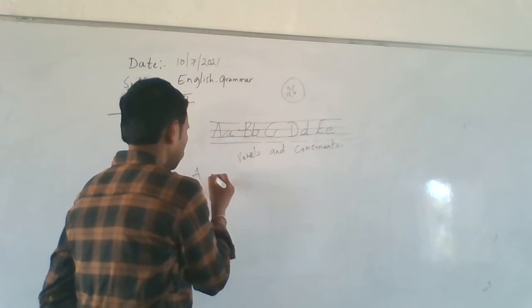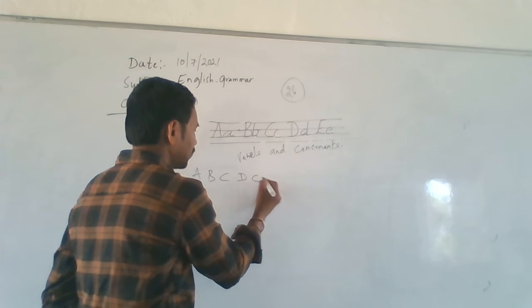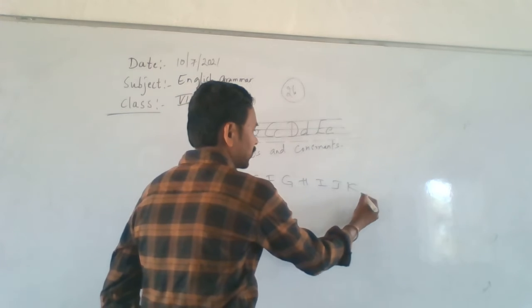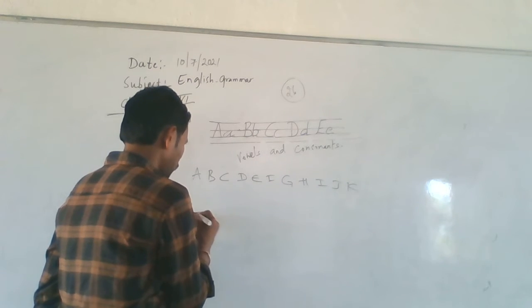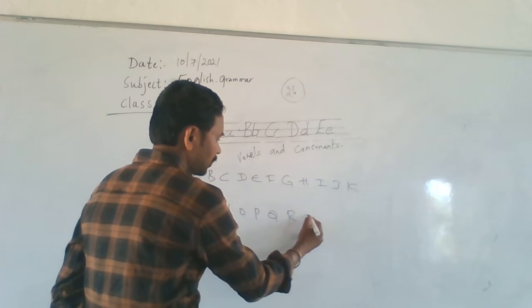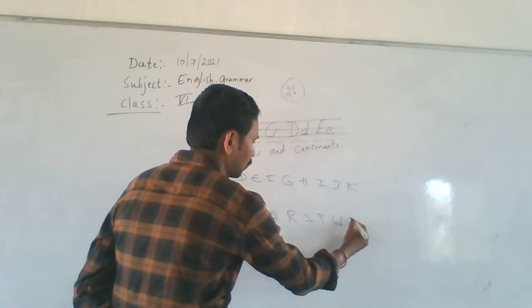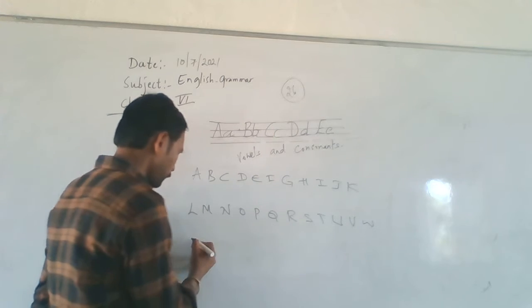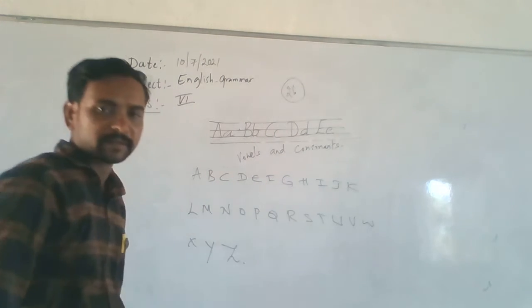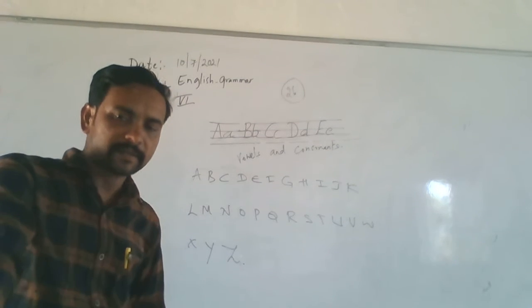A, B, C, D, E, F, G, H, I, J, K, L, M, N, O, P, Q, R, S, T, U, V, W, X, Y, Z. See that? These are 26 letters.